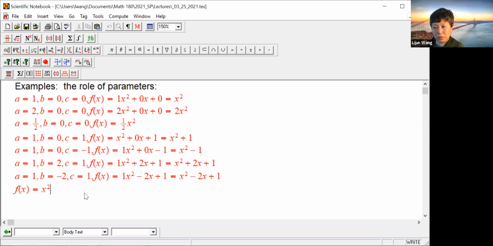And from the consequence, we're going to observe the patterns. We're going to observe what we see in x squared, and then what we see in 2x squared, and in half x squared, and in x squared plus 1, x squared minus 1, x squared plus 2x plus 1, x squared minus 2x plus 1.